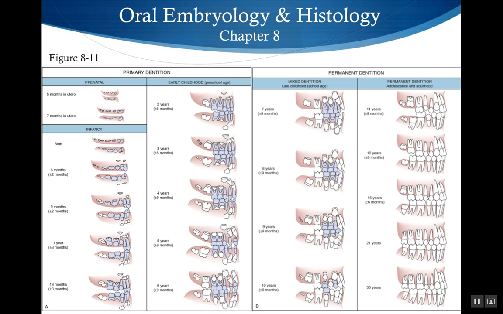Again, this occurs when the osteoclasts cause resorption of the root of the baby tooth or the primary tooth. It begins at the apex or the bottom of the root and continues up towards the crown of the tooth. Eventually the tooth is lost because it doesn't have any support. The roots which previously held the tooth in the alveolar bone are now gone.